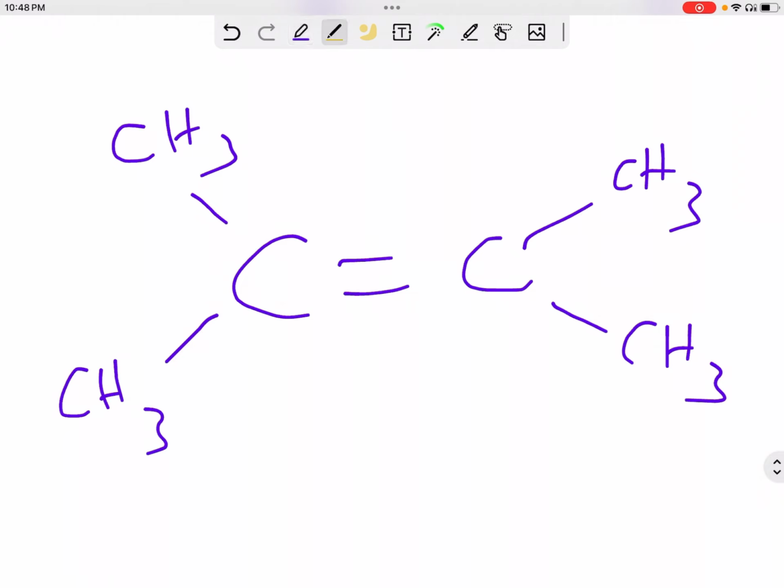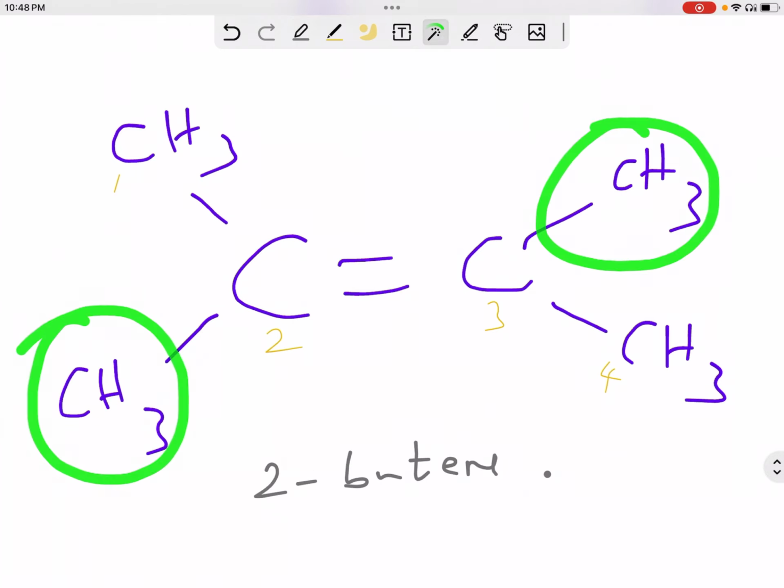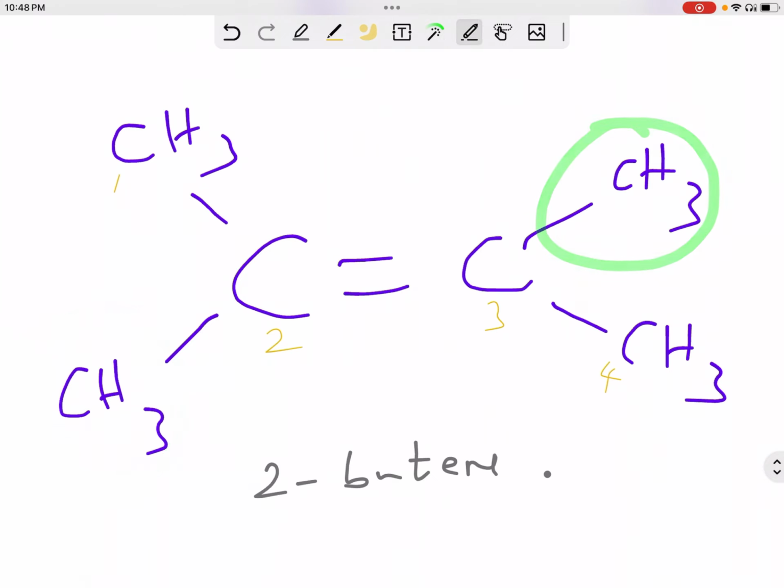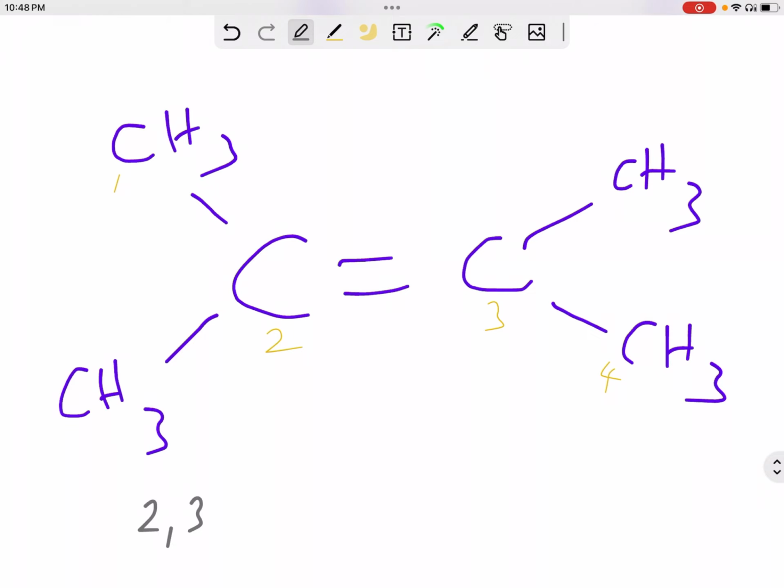Now the name of the compound is also a thing that we need to see and learn. This is a butene, and it's 2-butene. Obviously we have these methyl branches that also have to be named. So the name will be 2,3-dimethylbut-2-ene.